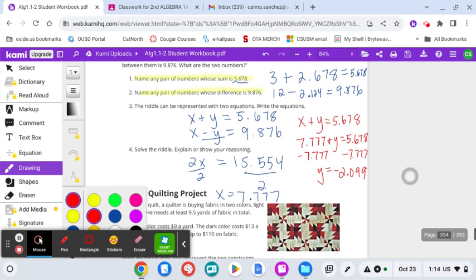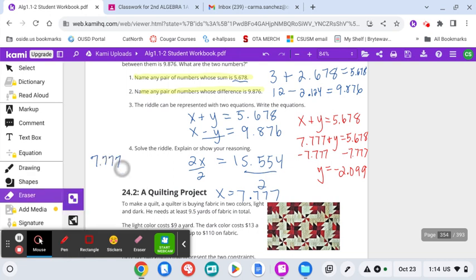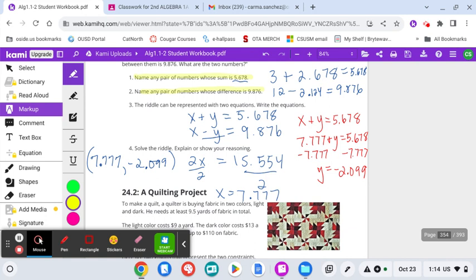So the solution to this system, my two numbers that add to make 5.678 and subtract to make 9.876, are 7.777, comma, negative 2.099. There, how'd you do? There's our riddle.